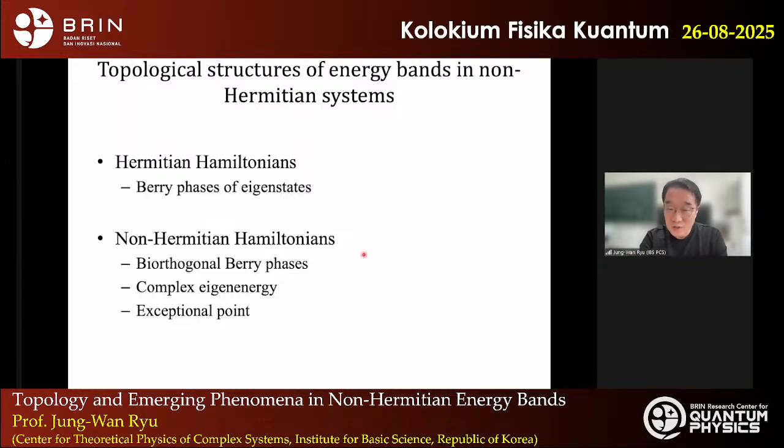In the non-Hermitian Hamiltonian case, of course, the phase of the eigenstates can make the system non-trivial. But other properties come from only the eigenvalue: complex eigenenergy, and exceptional points can make different kinds of topologically non-trivial structures. I'll explain that using the topological invariant, a new kind of topological invariant in non-Hermitian systems.